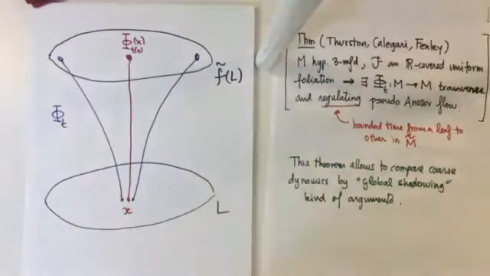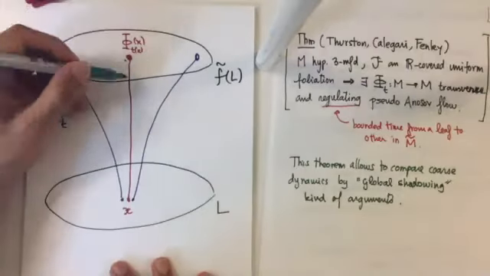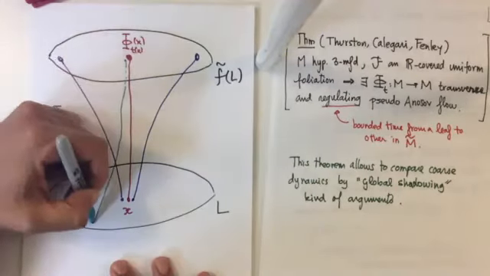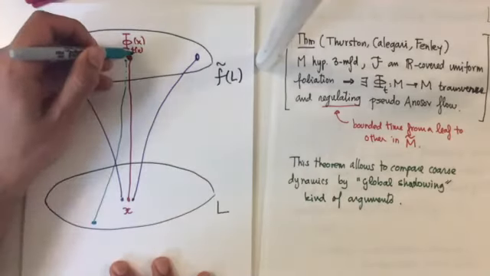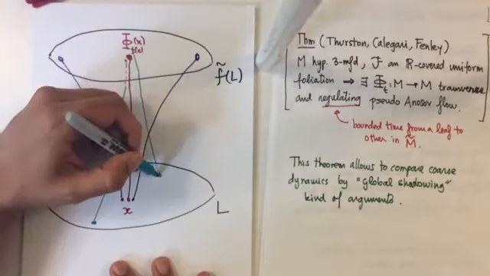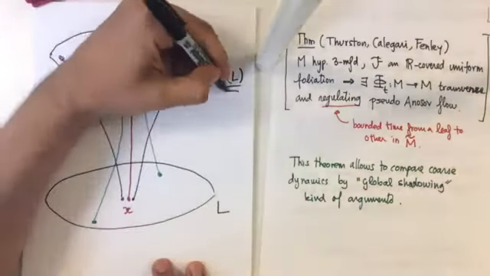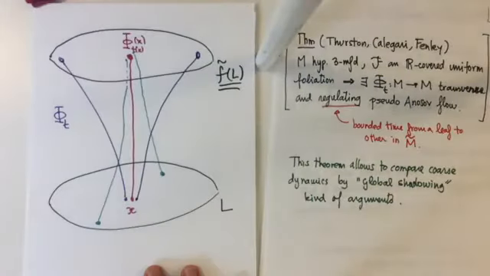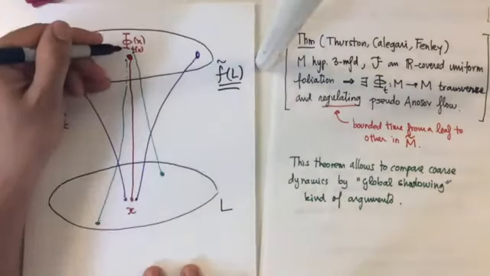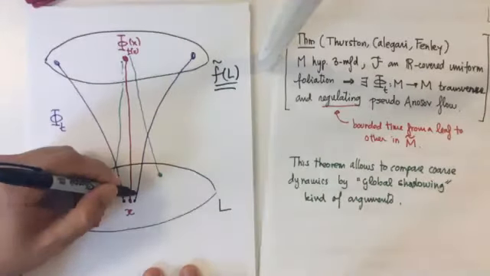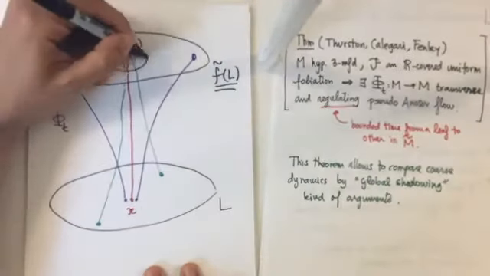Similarly, you have the opposite behavior. Let's say we are in what's called a regular orbit. But then we also know that F tilde is bounded distance from the identity. And the flow here is also bounded distance from the identity. So we know that the image of the point X has to belong here.